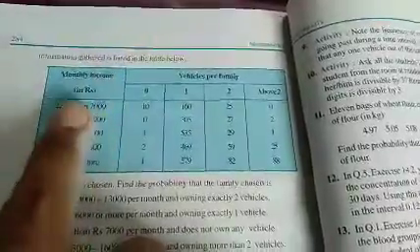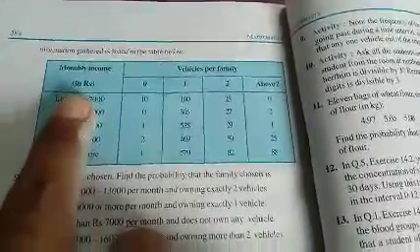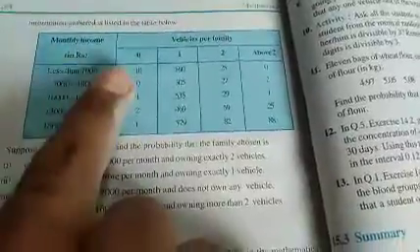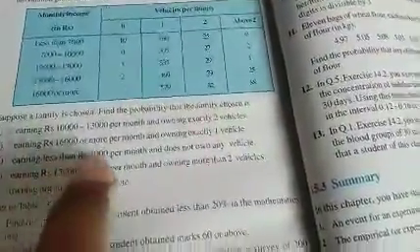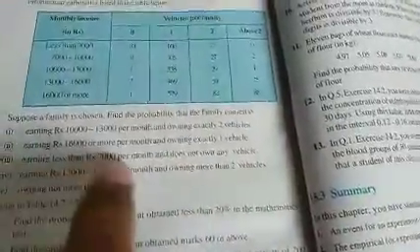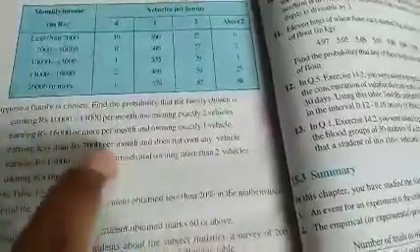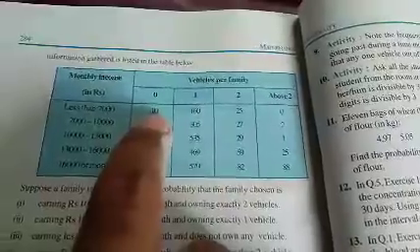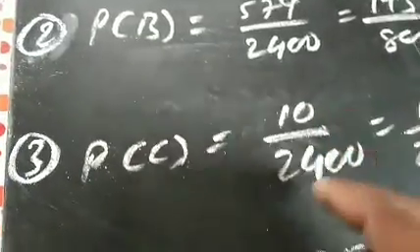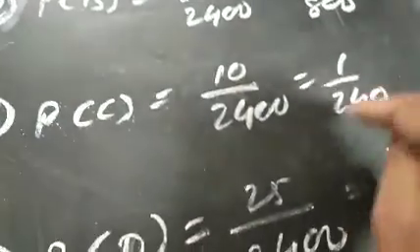That is event C. Let event C denote the probability of earning less than 7,000 per month and not owning any vehicle. The number of trials in which event C occurs is 10. So P(C) is equal to 10 upon 2400, which is 1 upon 240.